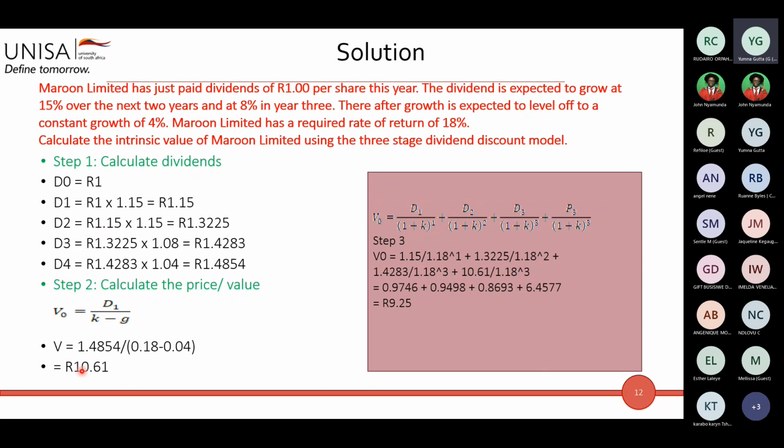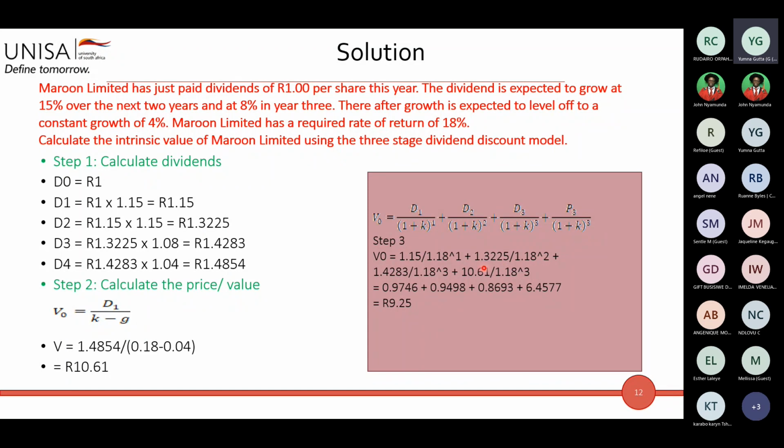Then you go to step 3. You put everything into the formula to calculate your V at year 0. So you say 1.15, which is your dividend in year 1, divided by 1.18 to the power 1. Then you take your D2 and put it over 1.18 squared.